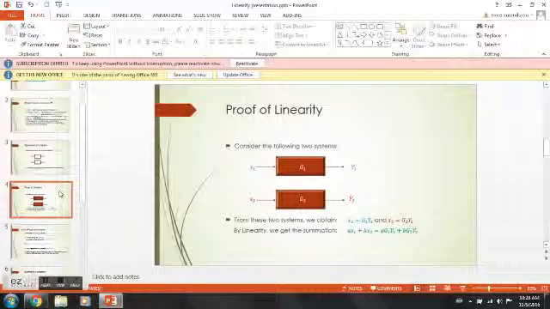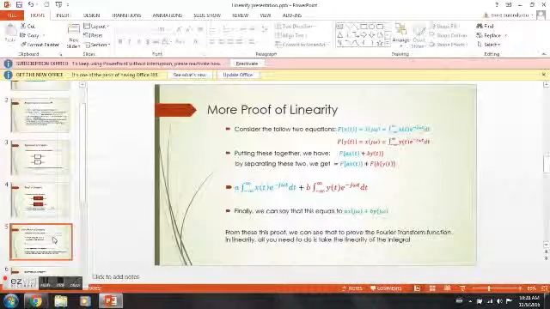By linearity, we get the summation of ax1 plus bx2 equal to a g1 times y1 plus b g2 times y2. Pretty much by introducing the constants at the beginning, it's simple mathematics. What you do to one end, you have to do to the other.